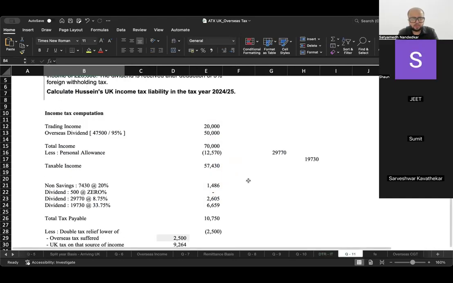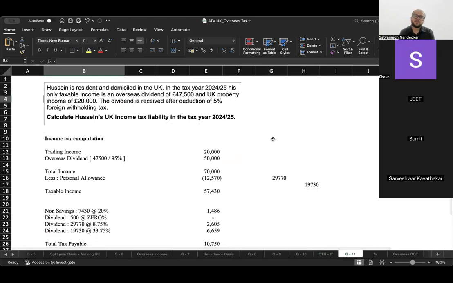For example, in this situation, Hussain is resident and domiciled in the UK. In the tax year 24-25, his only taxable income is an overseas dividend of 47,500 and UK property income of 20,000. The dividend is received after deduction of 5%. So UK property income is 20,000 and overseas dividend is 50,000. Total is 70,000. PA is 12,570.